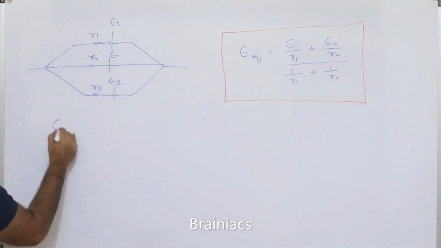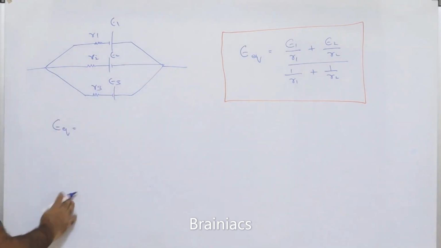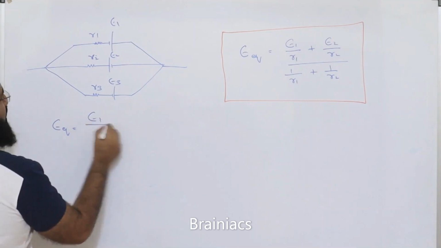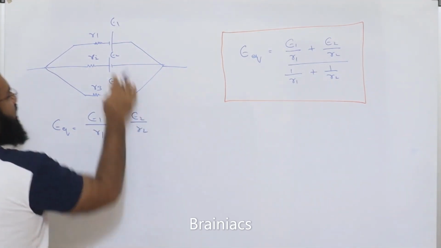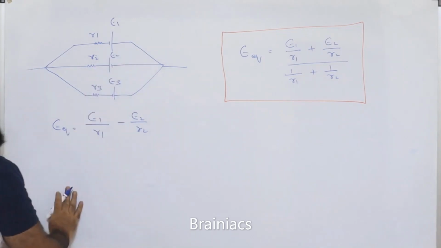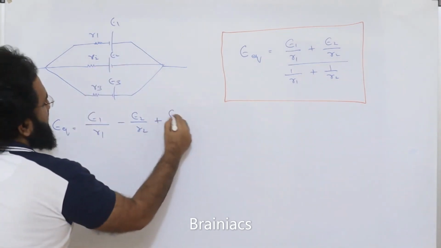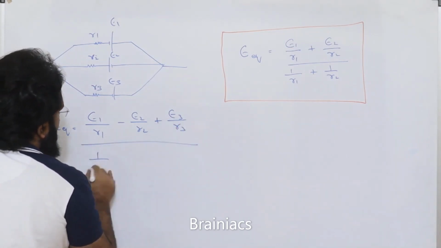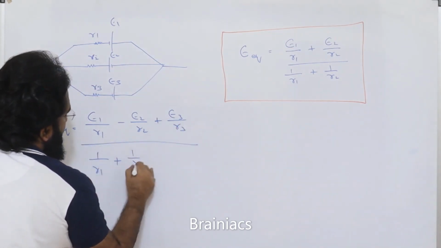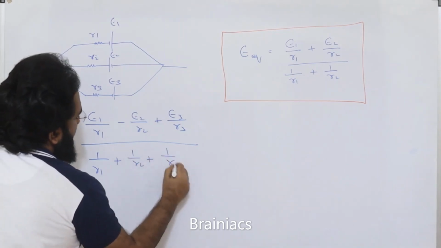So what is the equivalent EMF we can say? This is nothing but E1 by R1 minus E2 by R2. Why minus? Because polarity has been changed here. Plus E3 by R3 divided by 1 by R1 plus 1 by R2 plus 1 by R3.